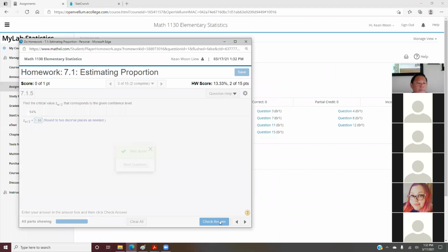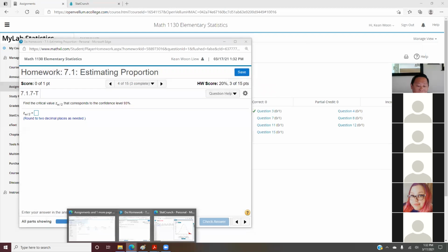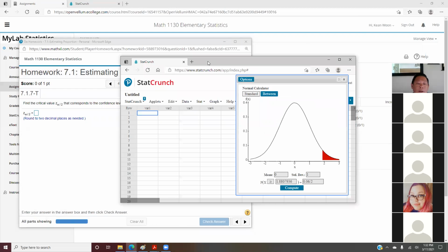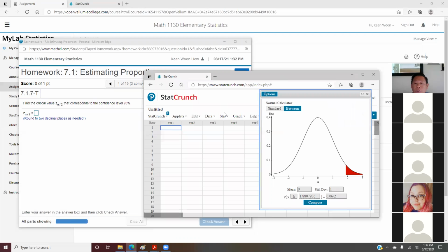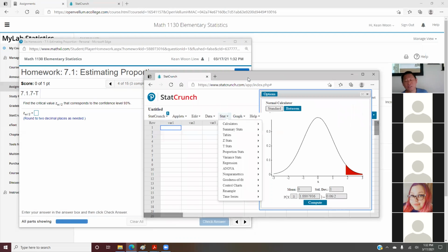You guys all right? You guys want to try this? I'm looking for 93% confidence. So make sure you go to the calculator, normal, the one you did in chapter 6.